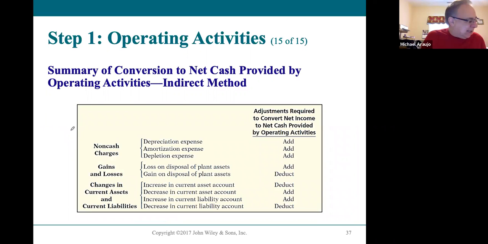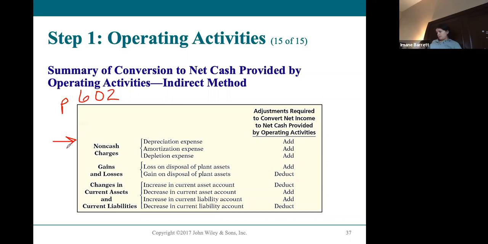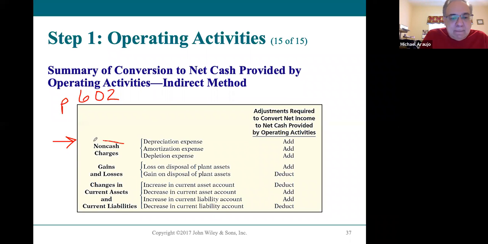So actually, this is on page 602. If you are on page 602, you will see this particular illustration that tells you exactly what to do. In the case of non-cash charges, we're only going to be dealing with depreciation expense.